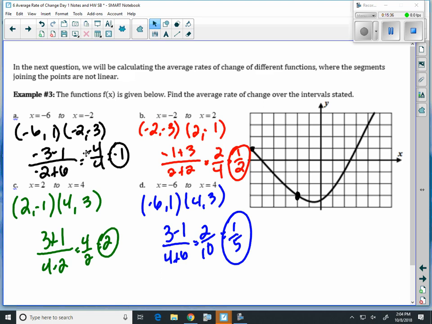Some slopes when you want to check those. Okay, are there any questions or issues on finding the average rate of change using slope formula with these kind of problems?